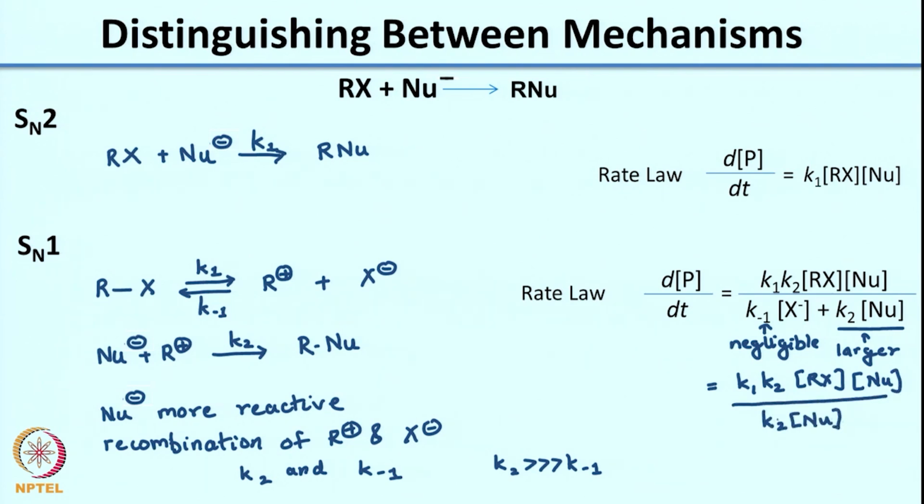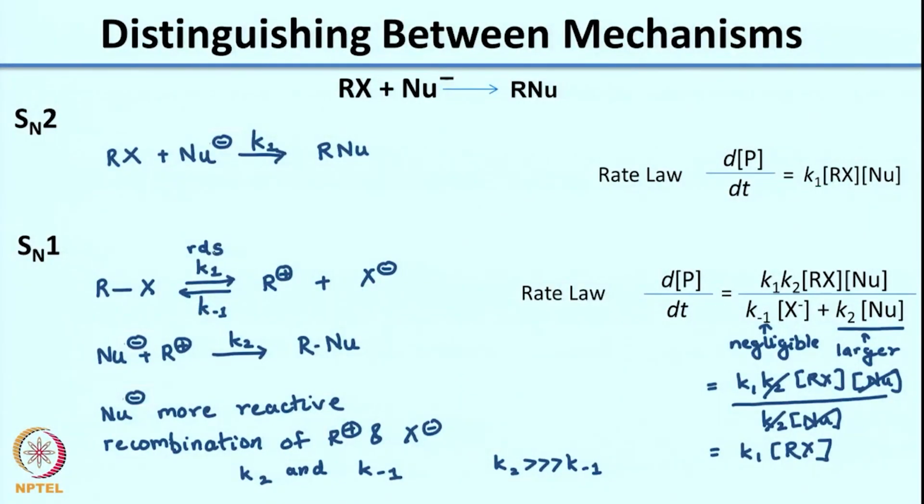So now what you end up getting is a rate law where you see no dependence on the nucleophile, and that is because the first step is slower and the nucleophile addition, which is the second step, is much faster. We have called this the rate determining step earlier. So the rate determining step is the first step. That is why you can translate this complex equation into a much simpler one.